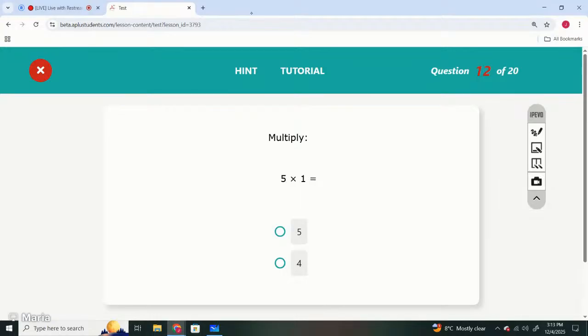5 times 1 is 5. Option number 1 is the correct option. 3 times 7 is 21.